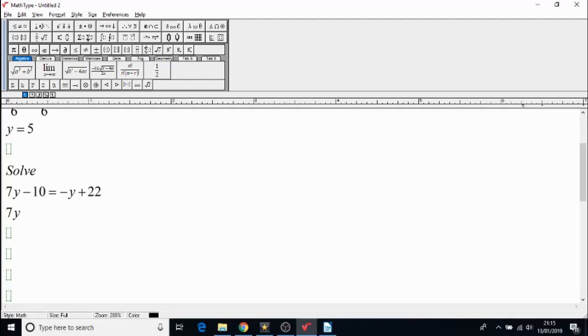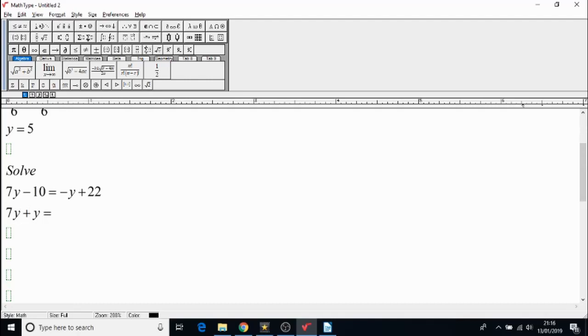7y minus 10. So you want to bring all the y's on one side and bring the minus 10 over to the side of the 22. So whatever you do on the right hand side, you must do to the left hand side. The same way you plus y on the other side to bring it from the right hand side to the left hand side, the same way you do 7y plus y.